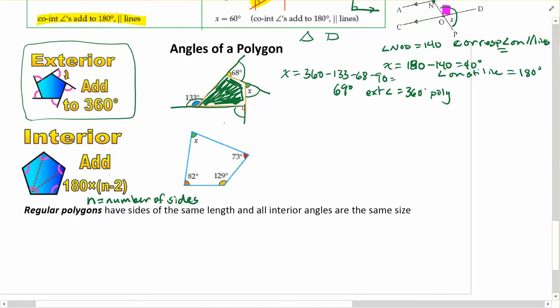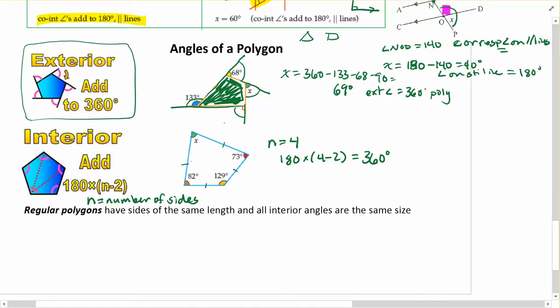You can just go with the rule and understand that you'll always get the total interior angle if you do 180 times the number of sides minus 2. So in this case, I have a 1, 2, 3, 4-sided shape. So n is equal to 4. So I'm going to go 180 degrees times 4 minus 2. It's 180 degrees times 2, which will get me 360 degrees.